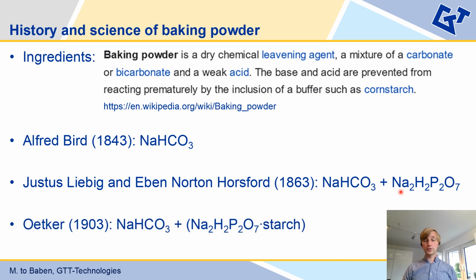Then Dr. Oetker, who is well known in Germany, mainly due to his very clever marketing, did one more trick in 1903. He essentially immobilized the acidic component by adding it to the starch and drying it together with the starch first, thereby avoiding that humidity causes problems.